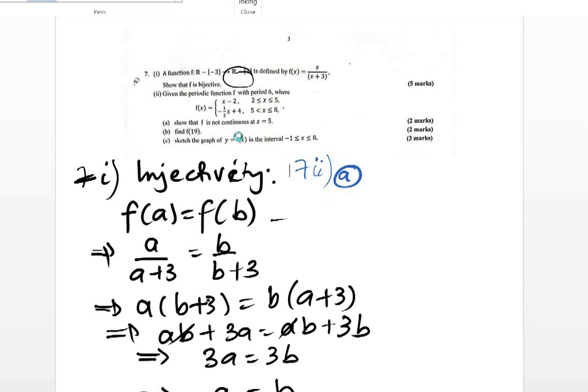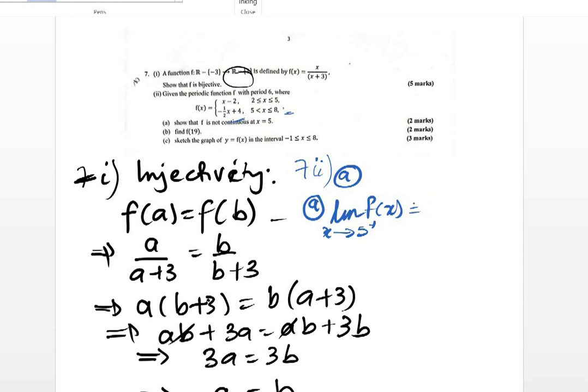Now we are told to show that it is not continuous at x equal to 5. To show that, we check the limits. The limit as x tends towards 5 from above of f of x: if it's above, we use this range.